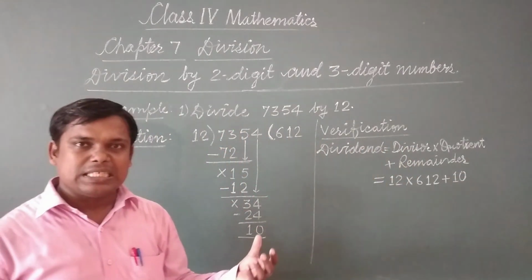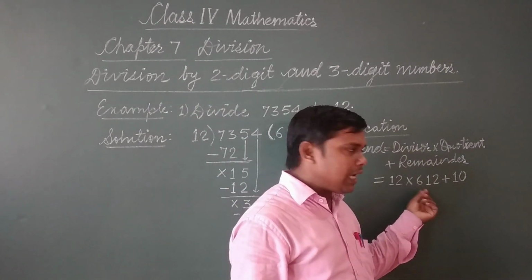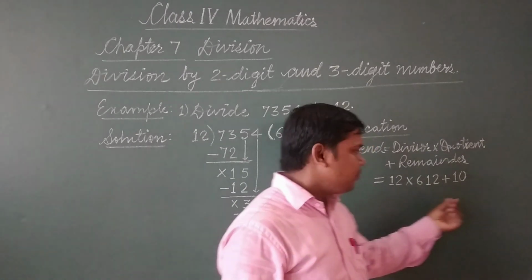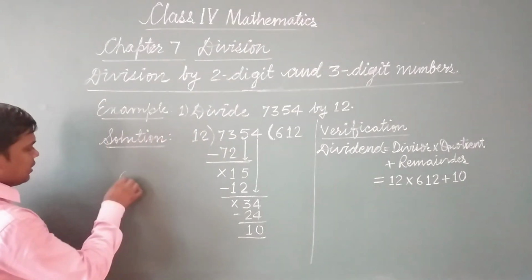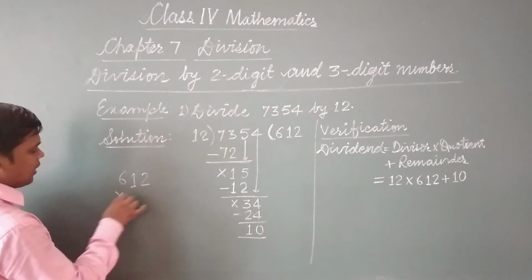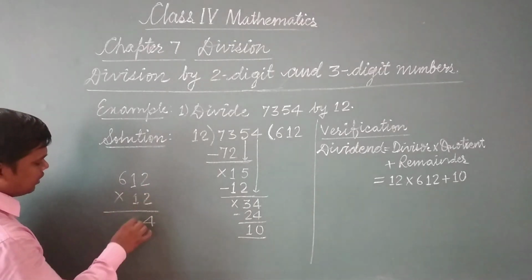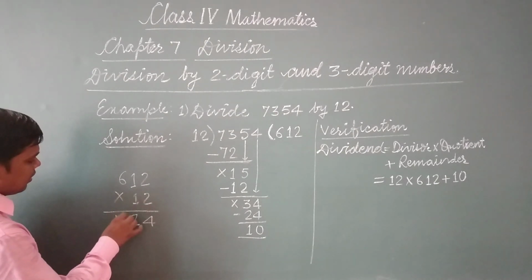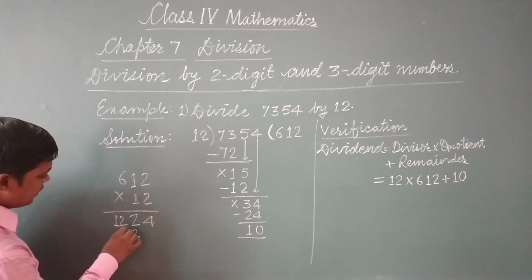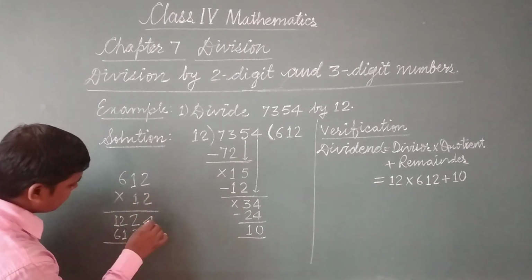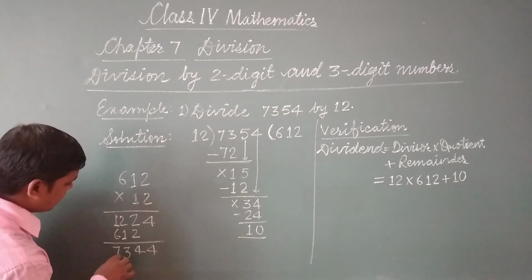You must have solved simplification. We first here multiply these two numbers and then in the product we add 10. So when you multiply it, you see here the multiplication 612 multiplied by 12. 2 2s are 4, 1 2 is 2, 6 2s are 12. 2 1 is 2, 1 1 is 1, 6 1 is 6. 4 4, 3 7.